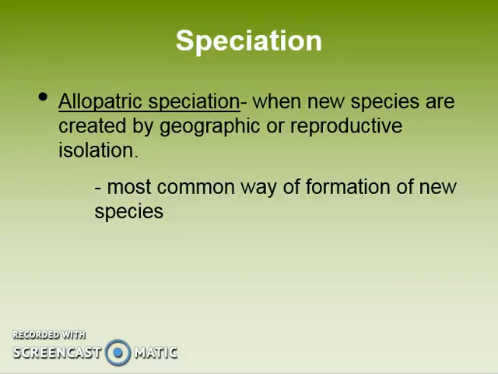Allopatric speciation is when new species are created by geographic or reproductive isolation. This is the founder effect, some of those things that happen when populations get separated. This is the most common way that new species are formed.